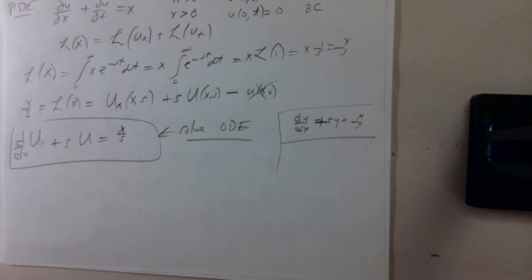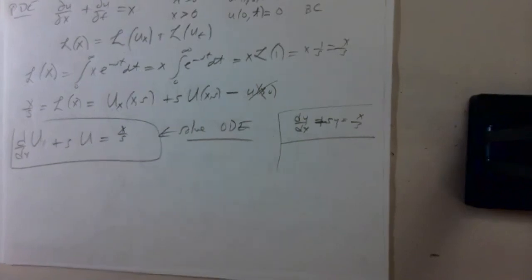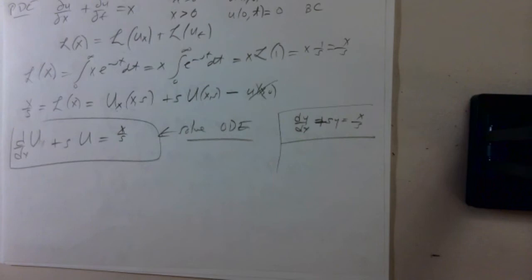We've reduced the partial differential equation to an ordinary differential equation, but that's only useful if we can then solve the ordinary differential equation. But this is a pretty simple equation. For any fixed s, s is a constant. This is just a linear first order differential equation with constant coefficients, non-homogeneous. We know how to solve that.